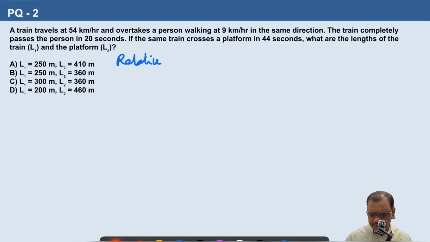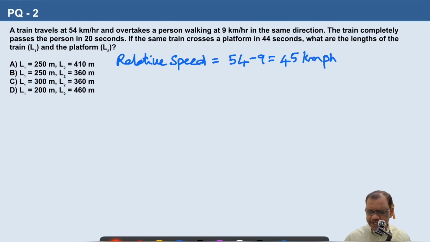So relative speed is the difference of the speeds of the train and the person. 54 minus 9, that is 45 kilometers per hour. This is the relative speed. If you convert this into meters per second, this should be multiplied by 5 by 18.